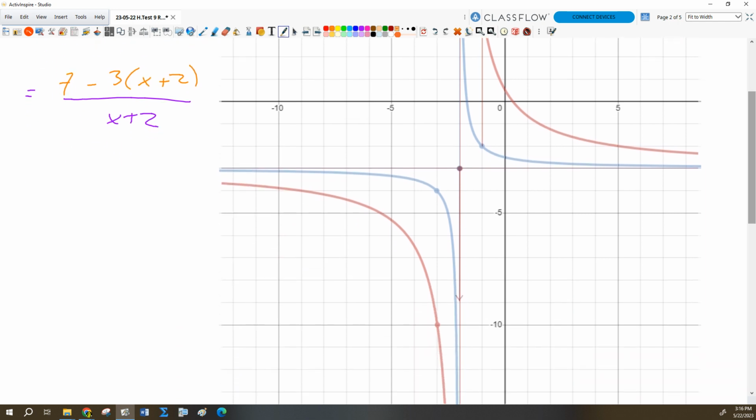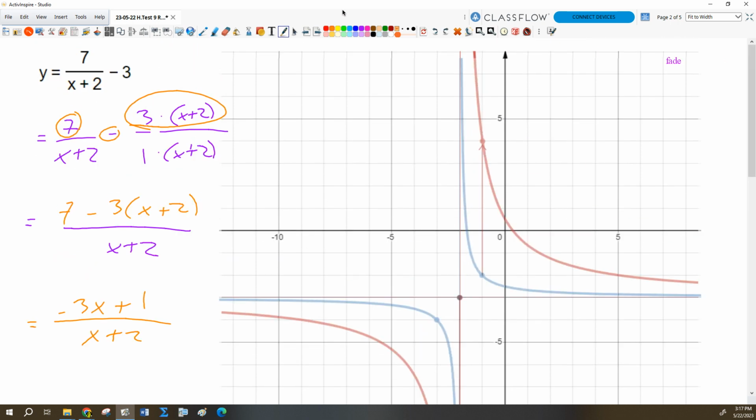If I distribute the -3 and collect like terms, I get -3x minus 6 plus 7, which is -3x plus 1, over x plus 2. So if you really want to, you could turn it into a rational function and then graph it using the techniques for a rational function. That's fine. I wouldn't do that. It seemed like it was easier the first way.